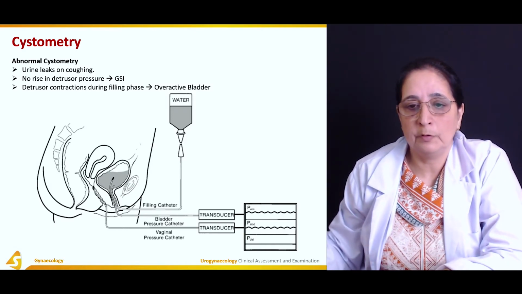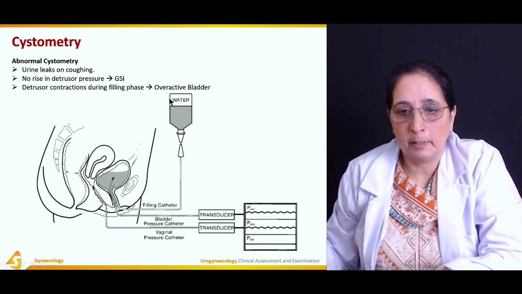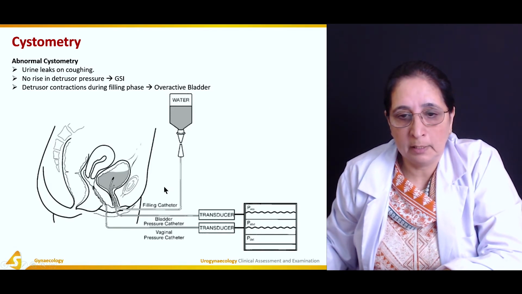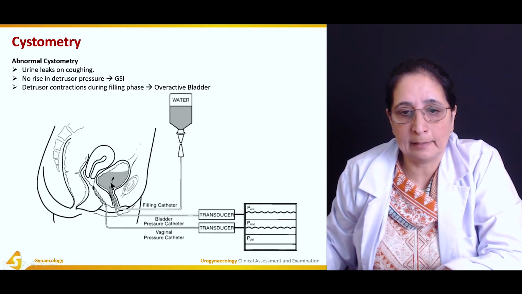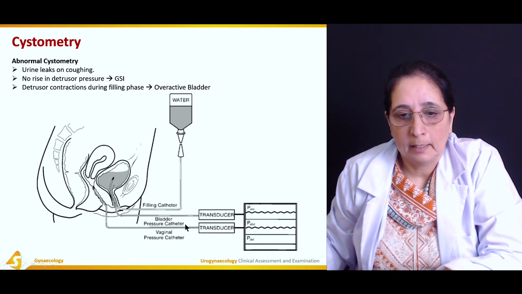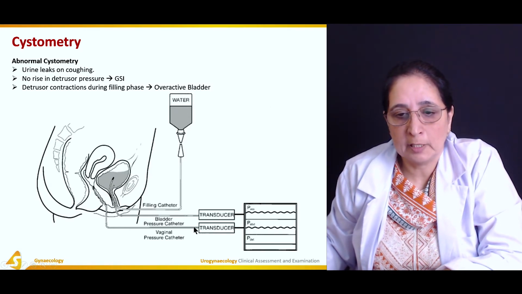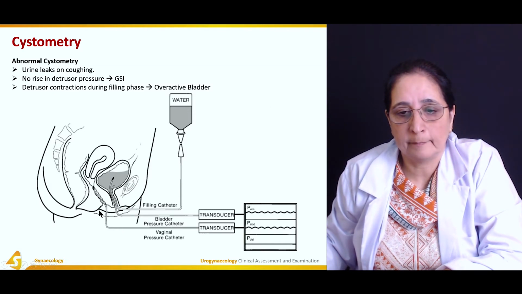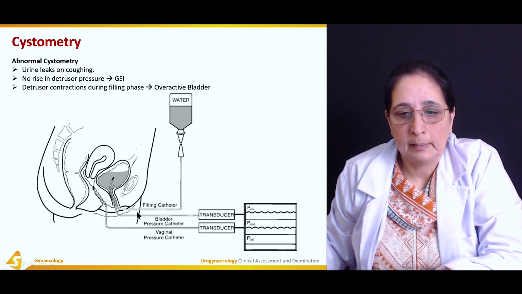So here, if you see, the water is inserted through the catheter. There is a filling catheter, and then the other transducer which measures the bladder pressure, and then the vaginal pressure catheter.